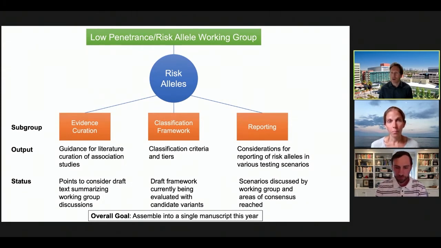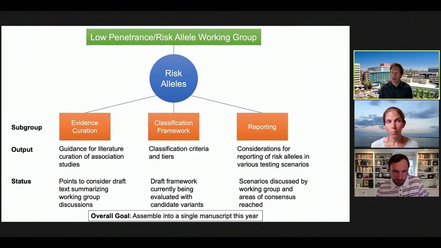I think that's a really good question. There's obviously a lot of diversity in the way people use these terms now. As Matt mentioned, there are people calling the same variant VUS, pathogenic, or risk allele. We can say clearly that at the end of the day, for the risk alleles at least, it's going to be called a risk allele. And then the classifications would be uncertain risk allele, likely risk allele, and established risk allele.